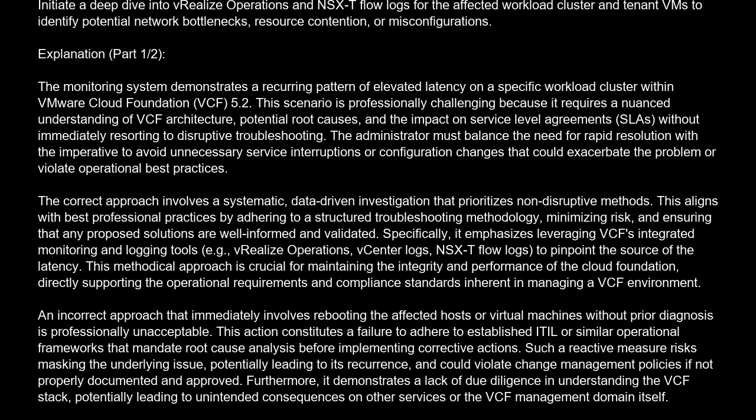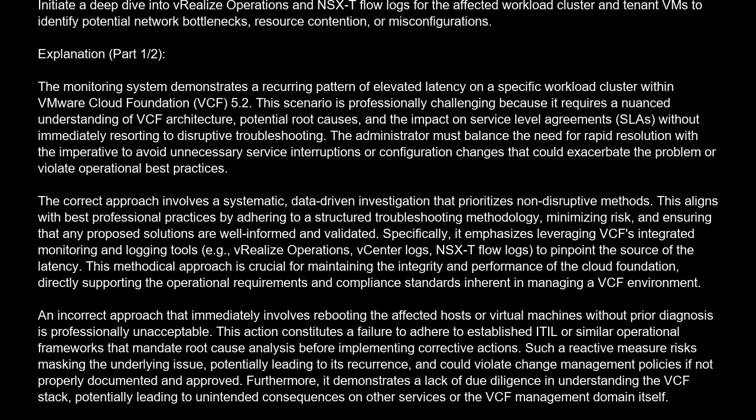Such a reactive measure risks masking the underlying issue, potentially leading to its recurrence, and could violate change management policies if not properly documented and approved. Furthermore, it demonstrates a lack of due diligence in understanding the VCF stack, potentially leading to unintended consequences on other services or the VCF management domain itself.